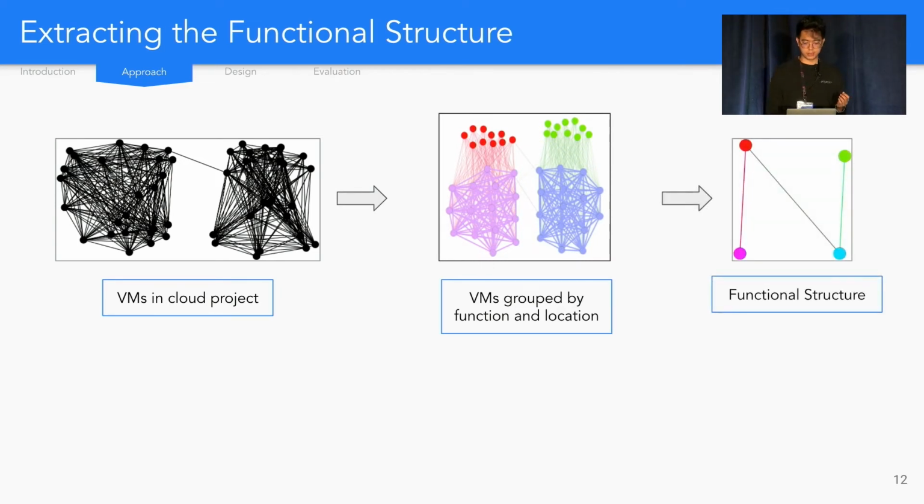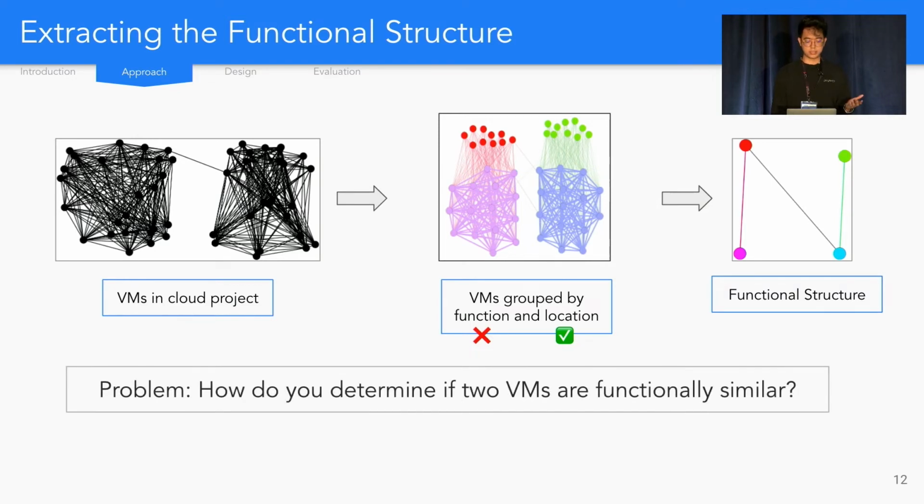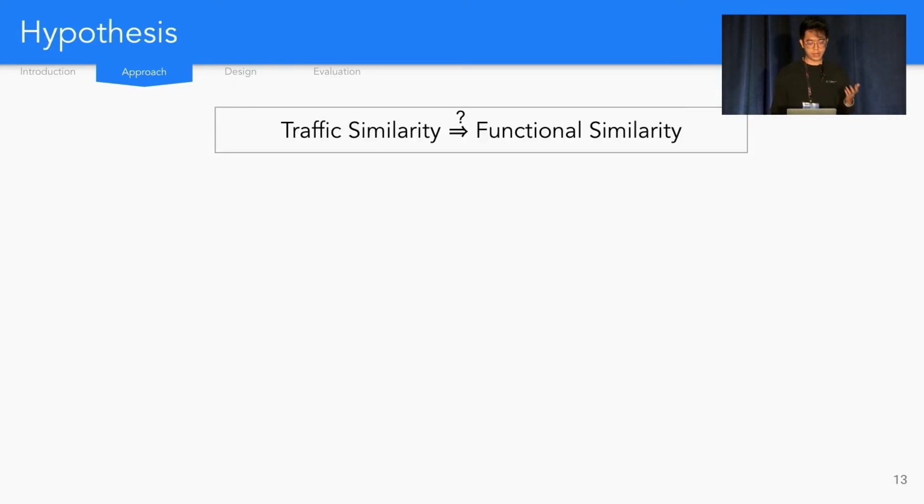With this information, we can get the functional structure. However, while the location information is known, the functional information is typically not known by the cloud provider. Thus, our central challenge is to determine if two VMs are functionally similar. Our hypothesis is that traffic similarity implies functional similarity.